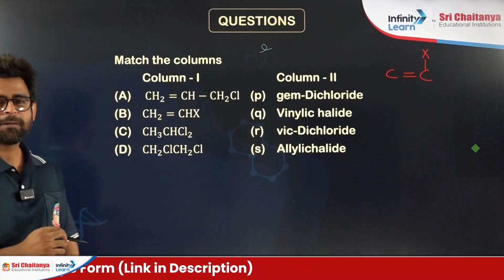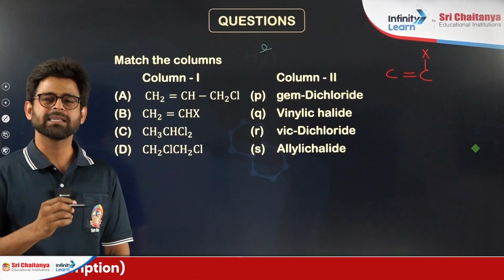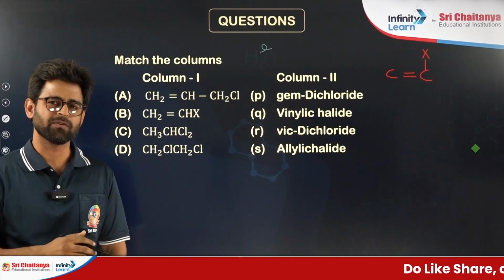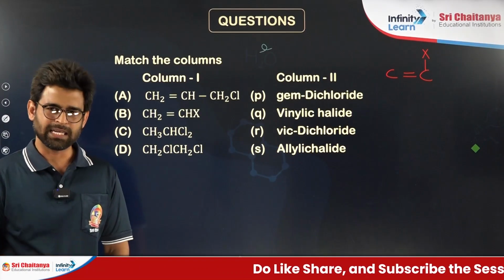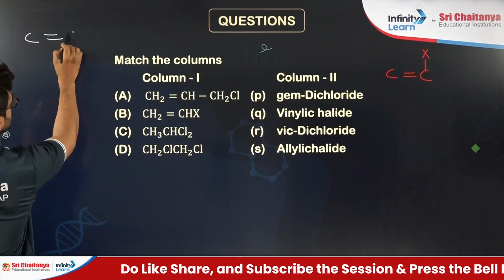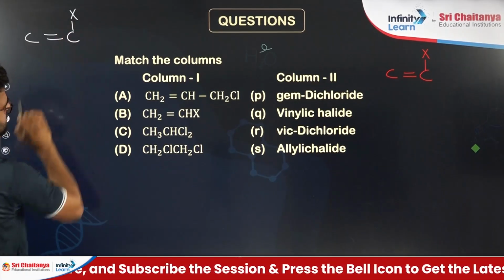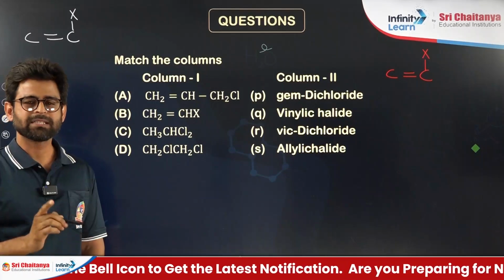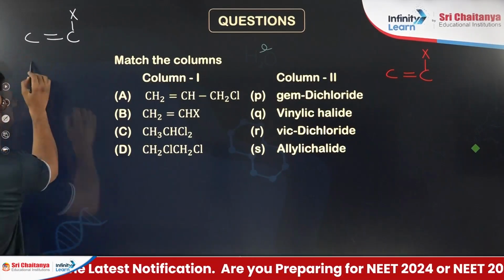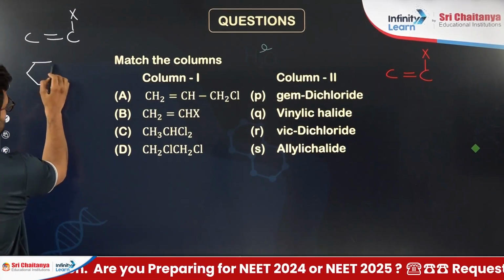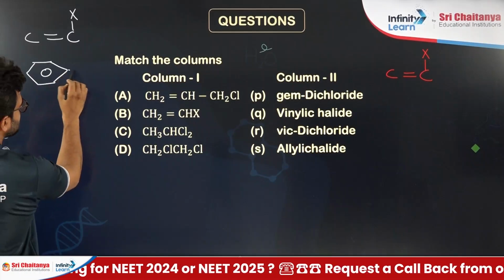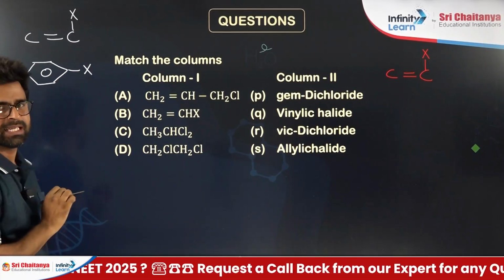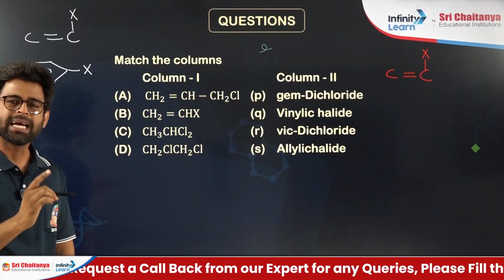As you can see, the first question depends on the classification of haloalkanes or aryl halides. Whenever you see halogen is present on the double bonded carbon, we call it vinylic halide. And if this double bonded carbon is in benzene, we call it aryl halide.